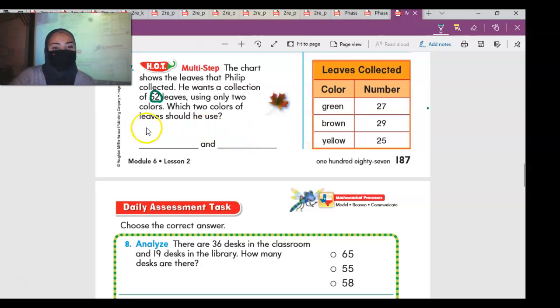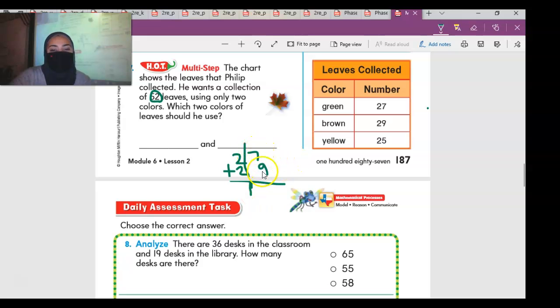27 plus 29. Let's try it. Good guess. 27 plus 29. I know, neither do I, but we're just going to try our best.